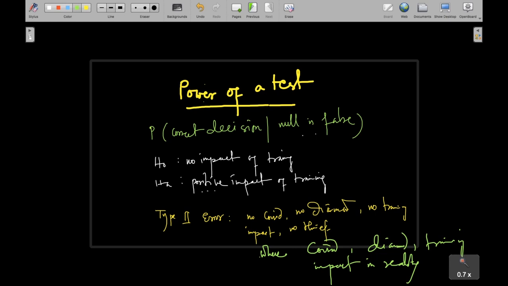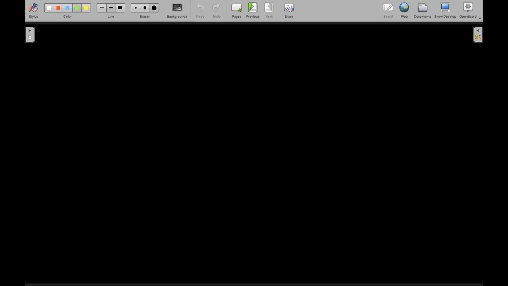Type 2 error is essentially when we wrongly identify something as negative when in reality it is positive. So 1 minus type 2 error is power.